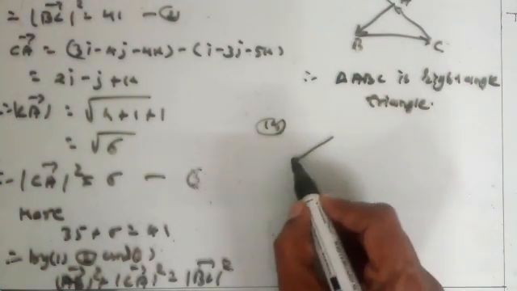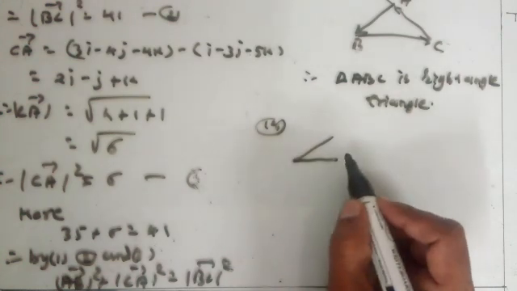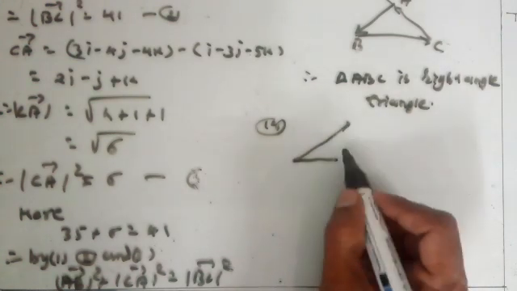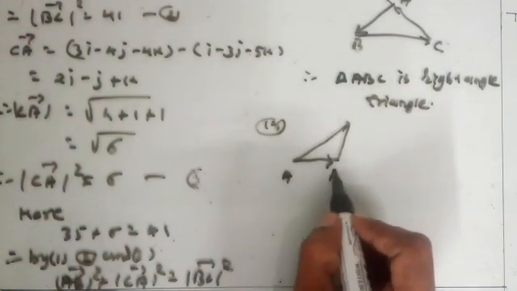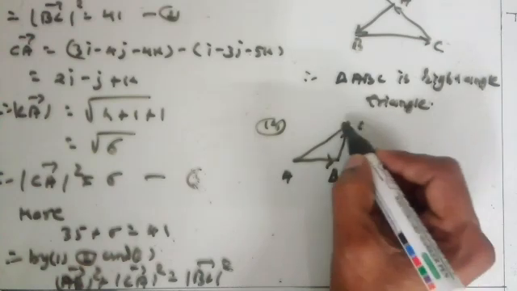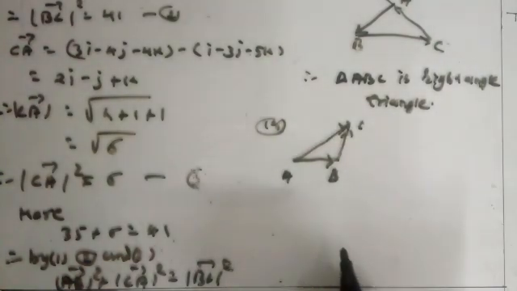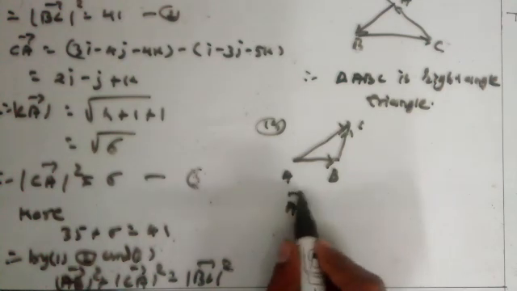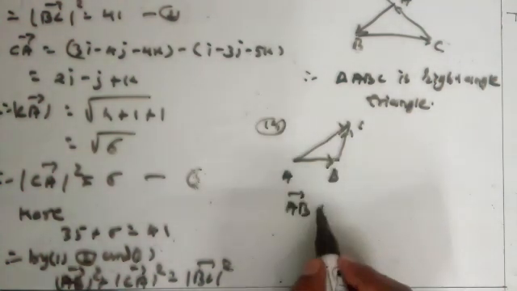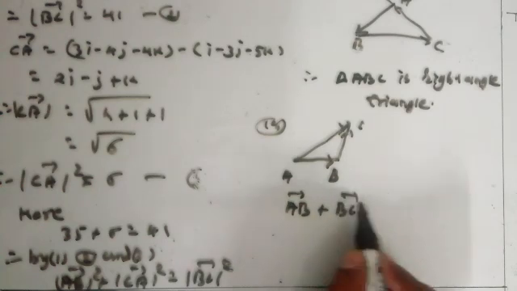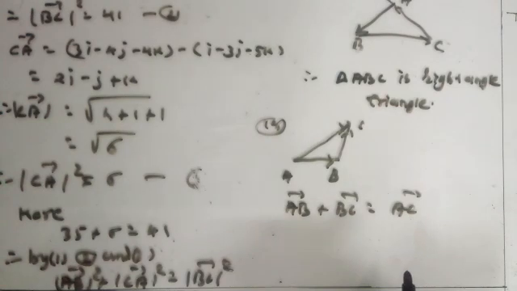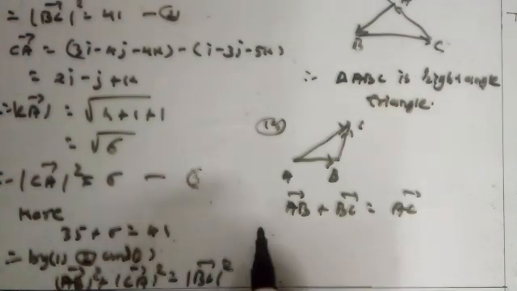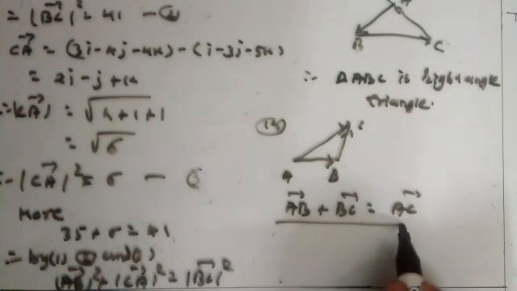Here is the given figure of triangle A, B and C. First, given AB, we know that AB plus BC is equal to AC. Here which is not true? This is true.